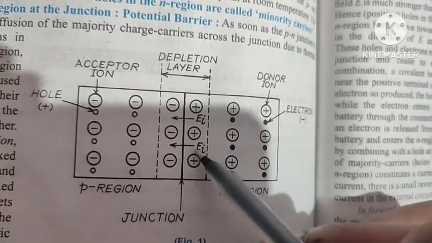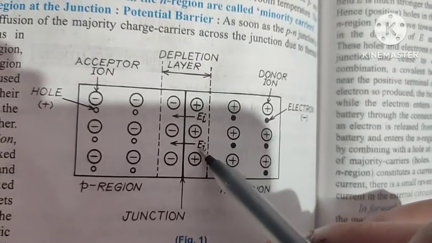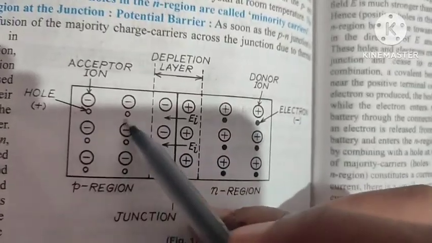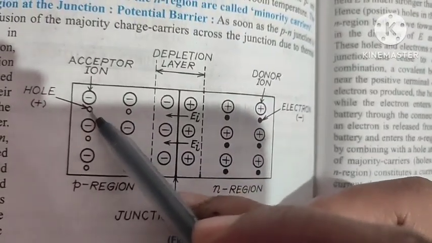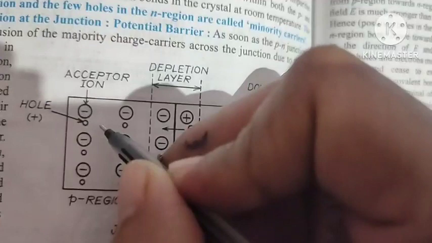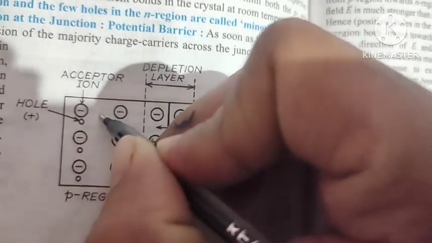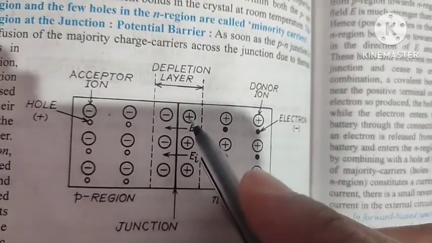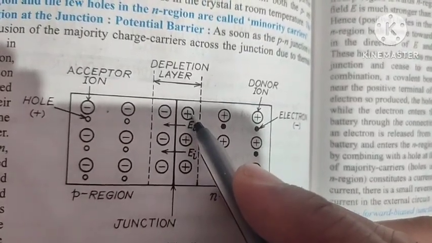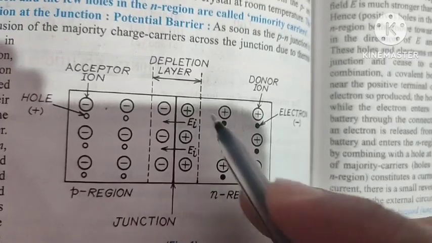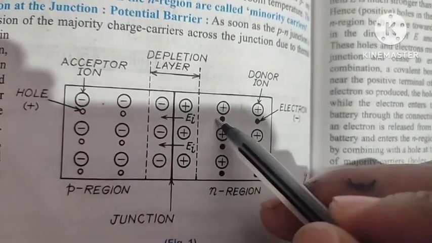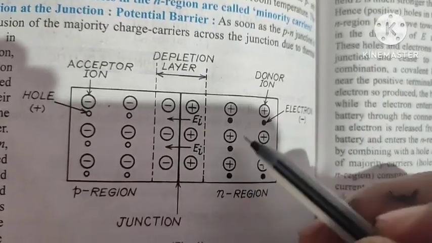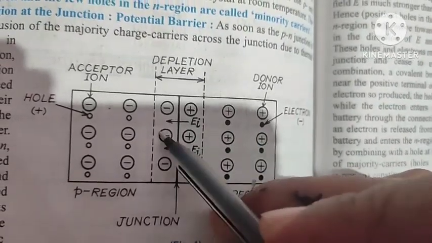Now what will this electric field do? This electric field will help in diffusion of minority charge carriers, though it is not shown over here. In the p region, there are not only holes, there are some electrons also, very few, but they are electrons. These electrons will now be attracted by this positive charge, and there are some minority holes also in this region, very few, and these holes will be attracted by this negative charge.